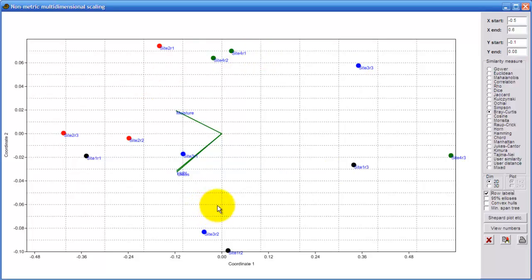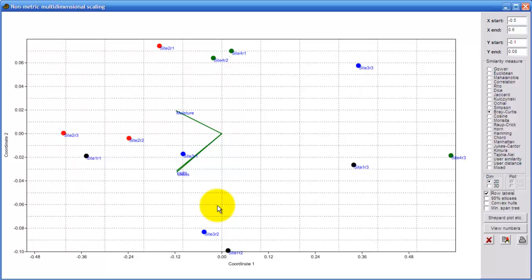Second thing to remember, unlike PCA and PCO, we cannot with the MDS get any idea of how much variation is being extracted. That information is not available to us due to the way in which MDS works.